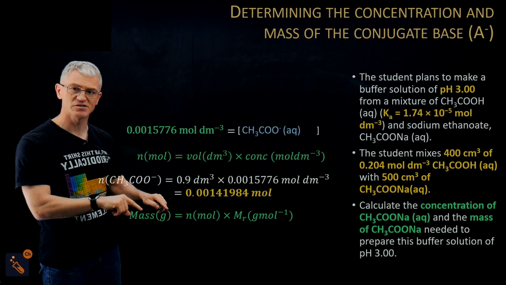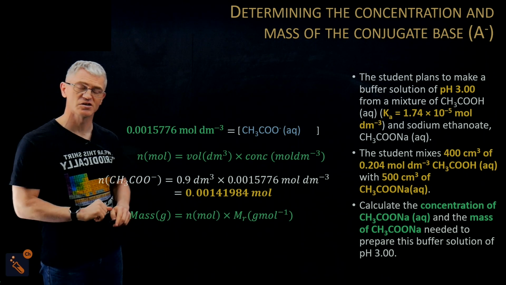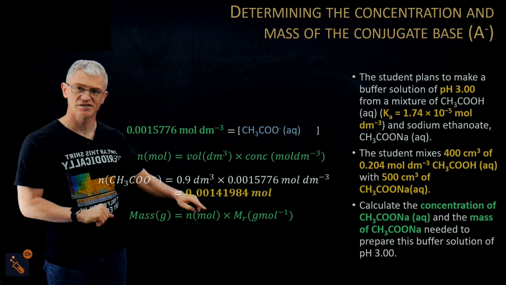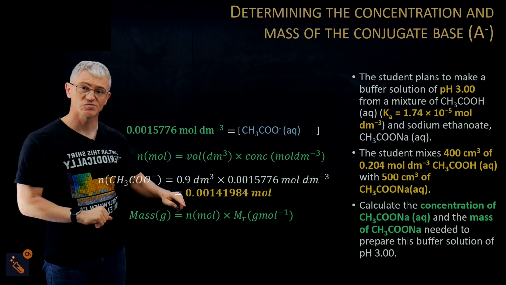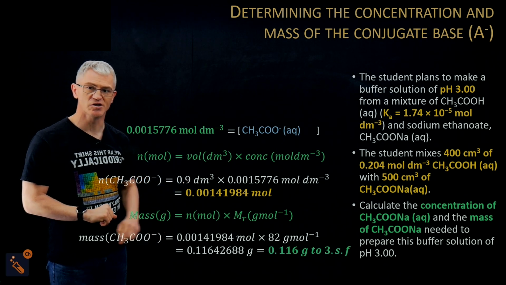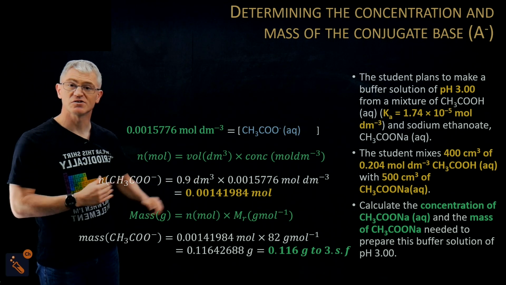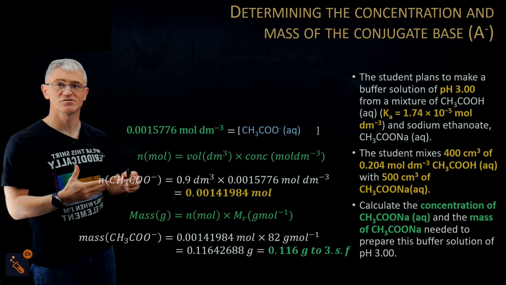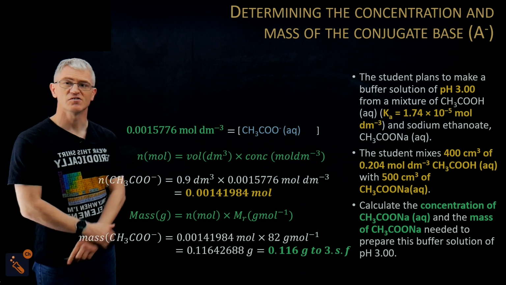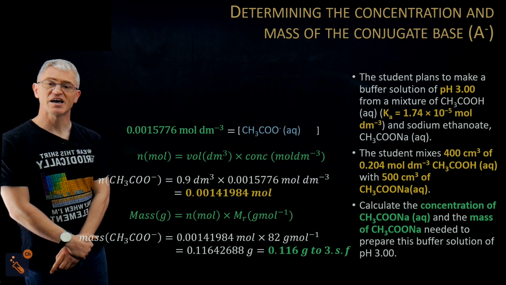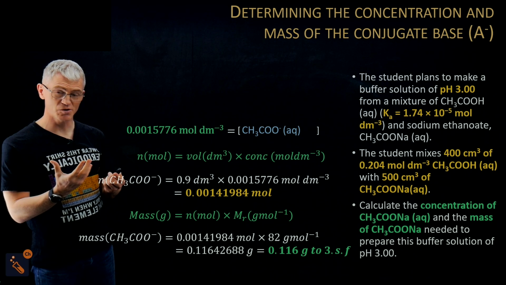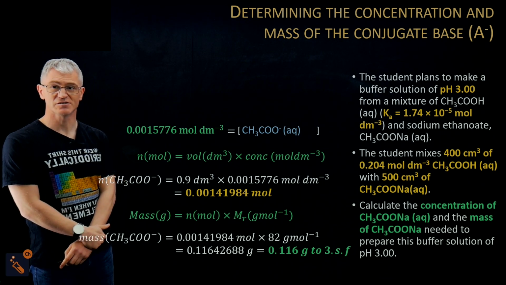Then we use this equation, which is the first one you use when you come across your A levels. We rearrange it so that mass equals moles times Mr. Put that in, and you have got your answer. That is how much mass was used, and that is the concentration of the A minus. And that is how you use some complex information to work out your A minus.